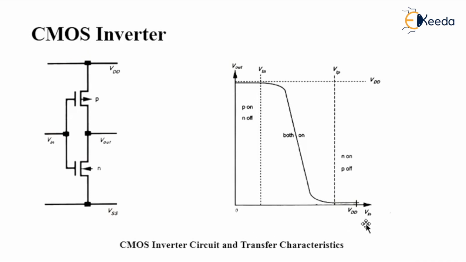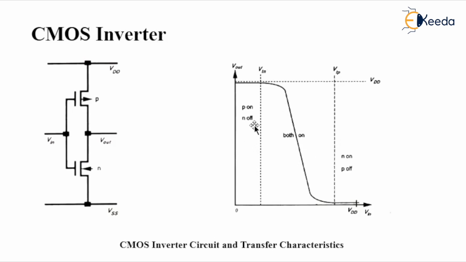When the input is at VDD, the output is approximately 0. If you see the picture clearly, when the input is at 0 volts, the output is at VDD. When the input is at VDD, the output is at 0 potential. Between these two, there is a transition state, displayed in this picture with a line, where both are on.